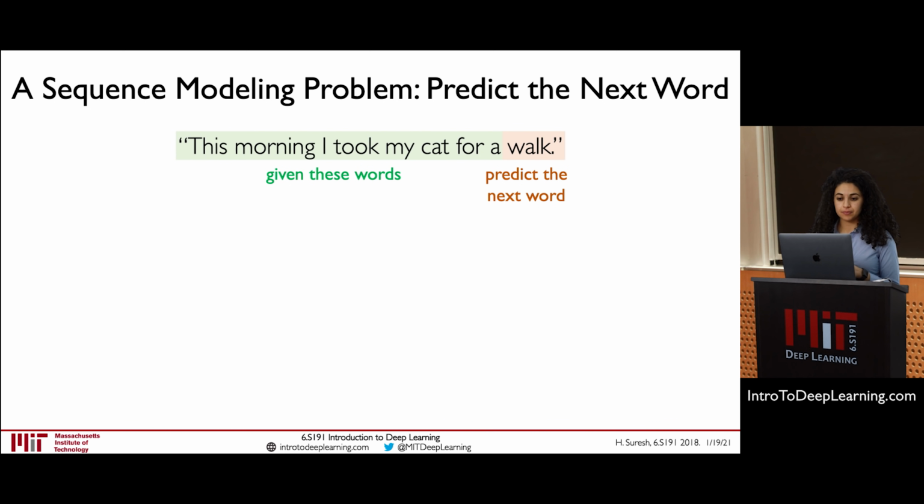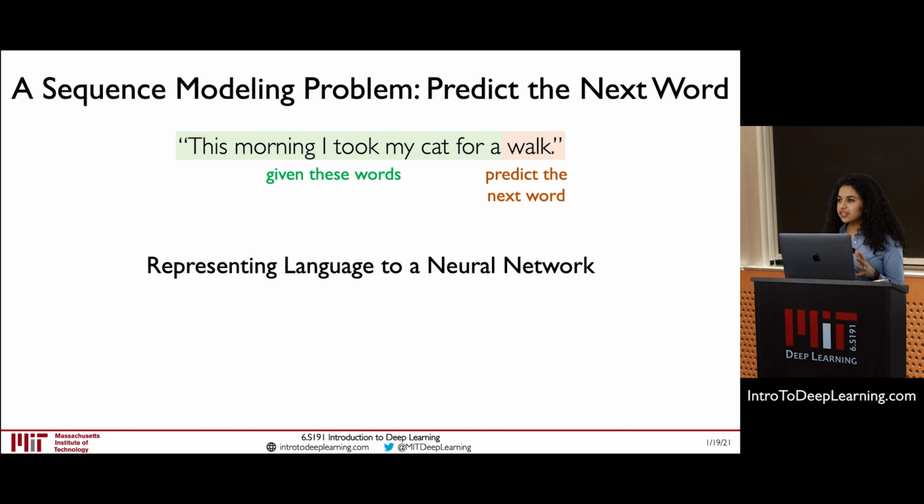What's our first step to tackle this problem? Well, the first consideration before we even get started with training our model is how we can actually represent language to a neural network. Let's suppose we have a model where we input the word deep, and we want to use the neural network to predict the next word, learning. What could be the issue here in terms of how we're passing in this input to our network?